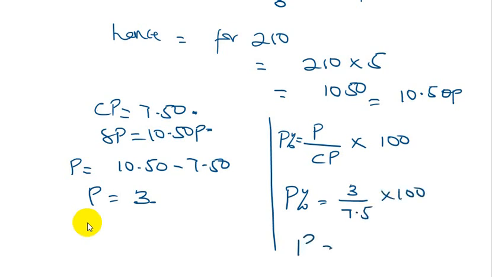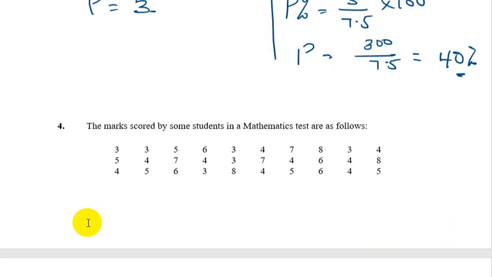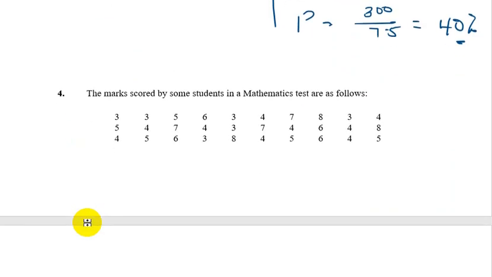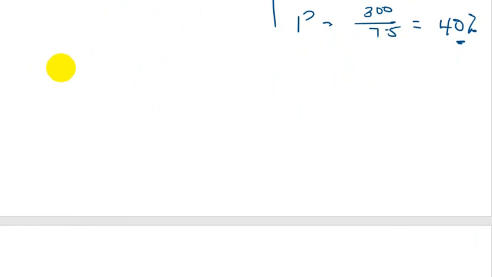And when we simplify this one, we are going to get 300 on 7.5, and that is going to give us 40%. So the woman sold the oranges and made a profit of 40%. I hope it is clear. Now let's move to question 4.